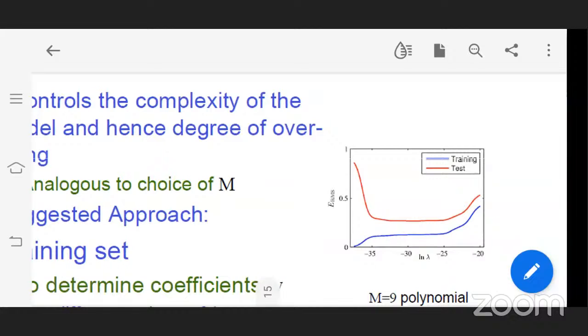Are you able to see that? If you are overfitting, the training error will go to 0 and the test error will go very high. But if you do regularization and reduce the overfitting, your training error will no longer be 0. It will be higher than 0, but your testing error will have come down.